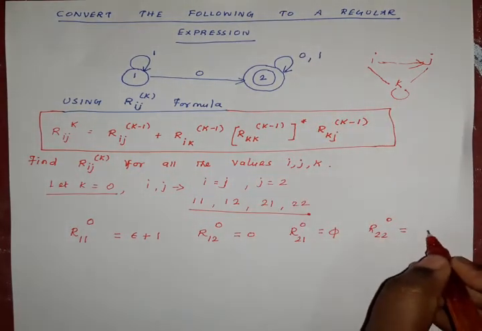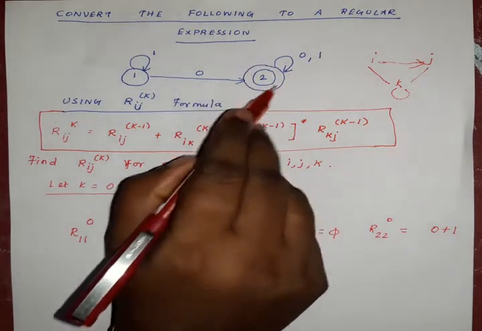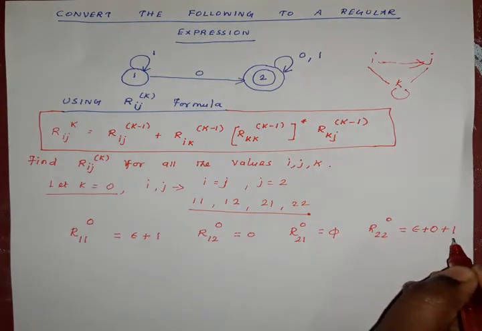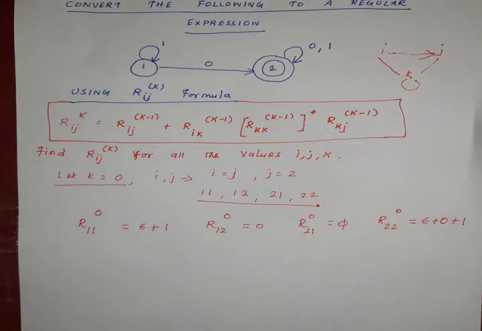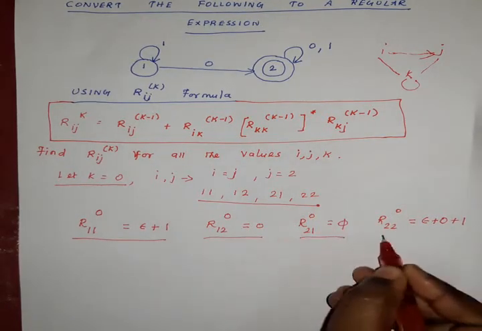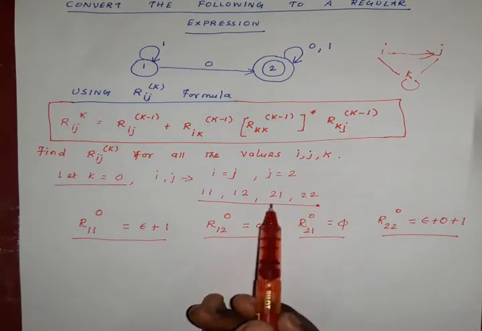So we have to write the expression as 0 plus 1, but it is the self loop state, so I include epsilon with this 0 plus 1.